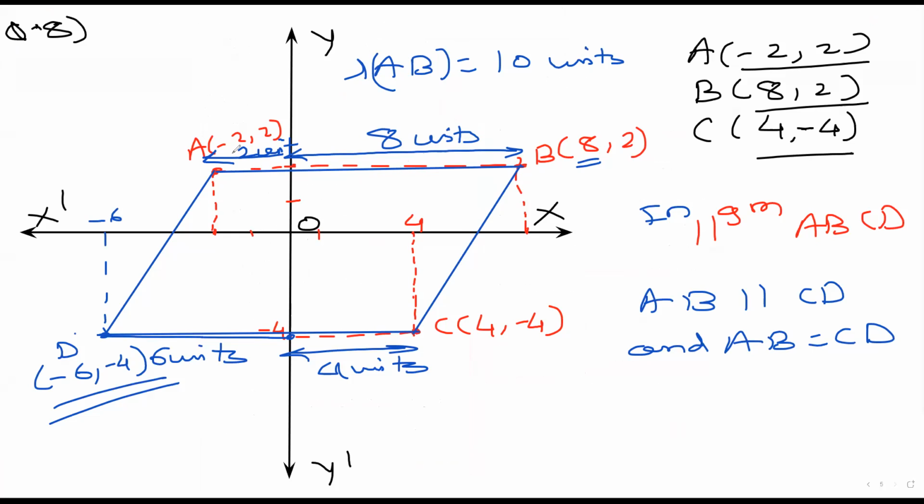So the midpoint will be 5 units on either side. Already there are 2 units here, so if you measure 3 units here, this will be the midpoint. Let's say M. What will be the coordinates of this midpoint? This 3, 2. Correct. Yes, 3, 2.